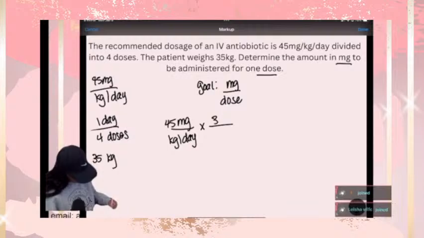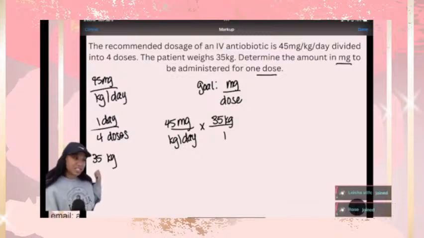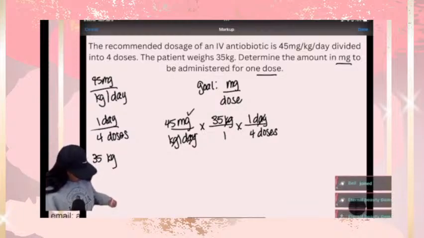So we can put our kilograms over 1. We don't have to put that 1 kilogram over 2.2 because it's already in kilograms for us. So kilograms have crossed out. And then in 1 day, there are 4 doses because we are looking for milligrams per dose. So day crosses out and we have milligram at the top and dose at the bottom.